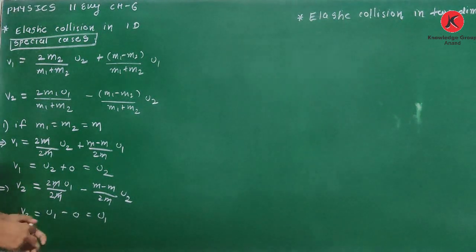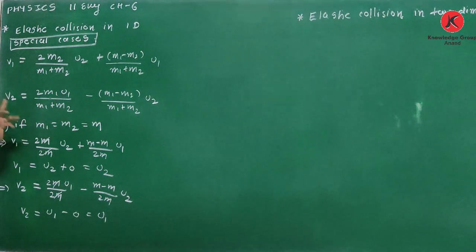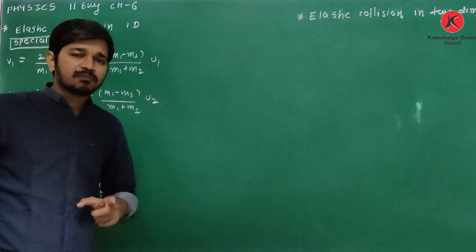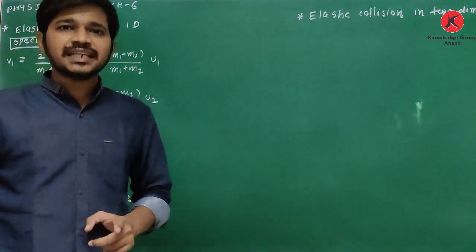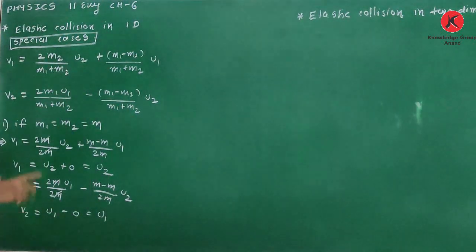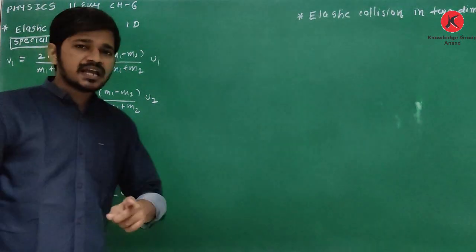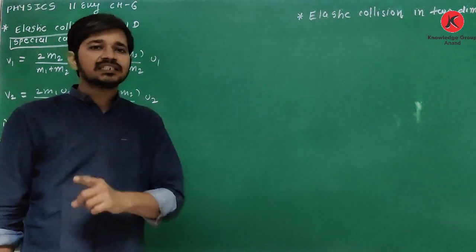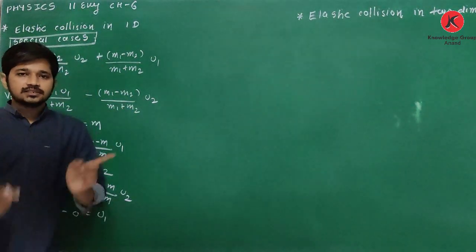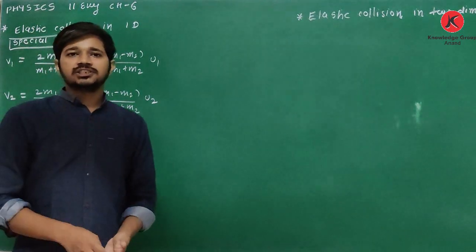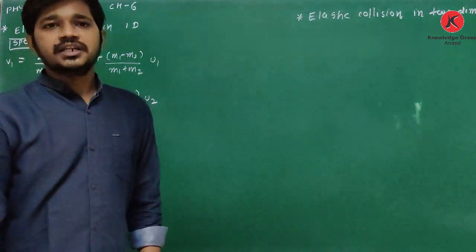So it is one most important result, because you will have some MCQs based on this special case. If we have two objects having the same mass, and they collide in one dimension elastically, then after collision their velocities are interchanged.